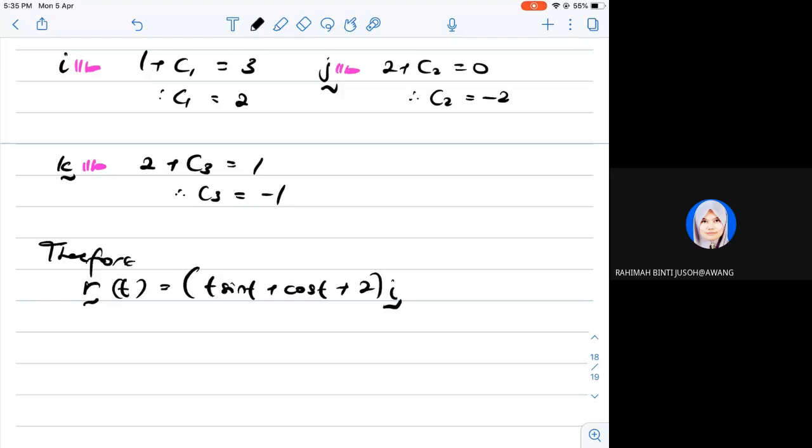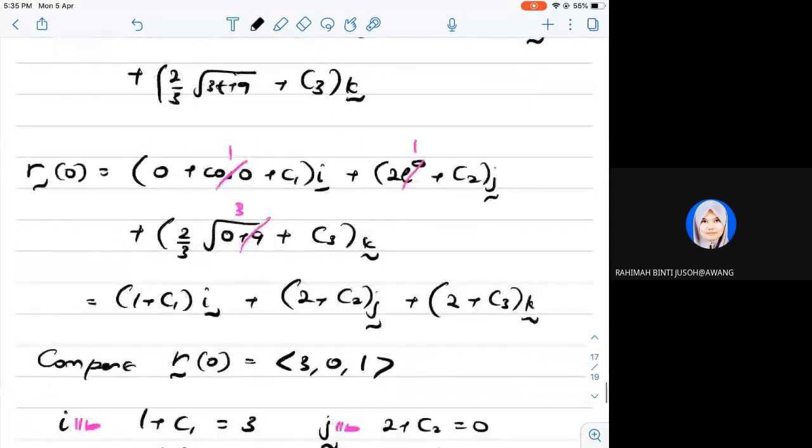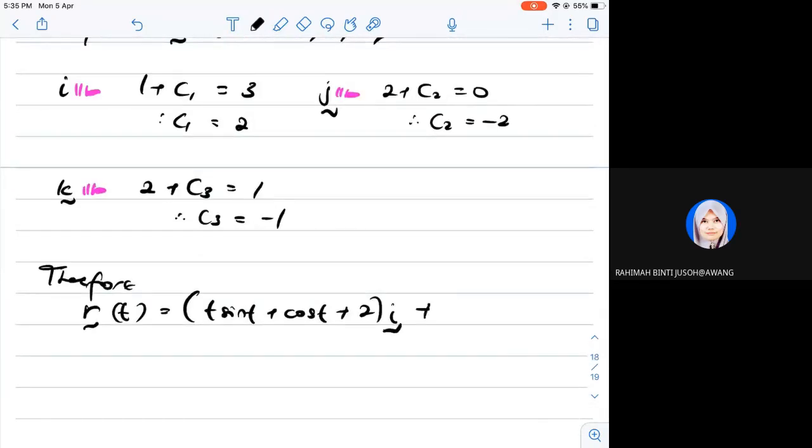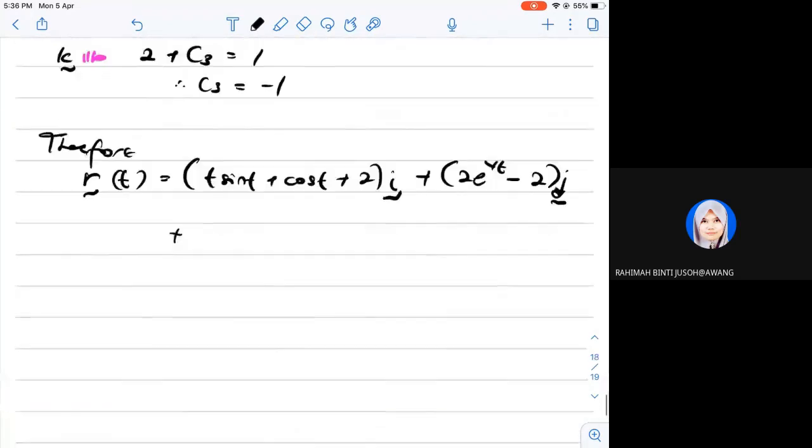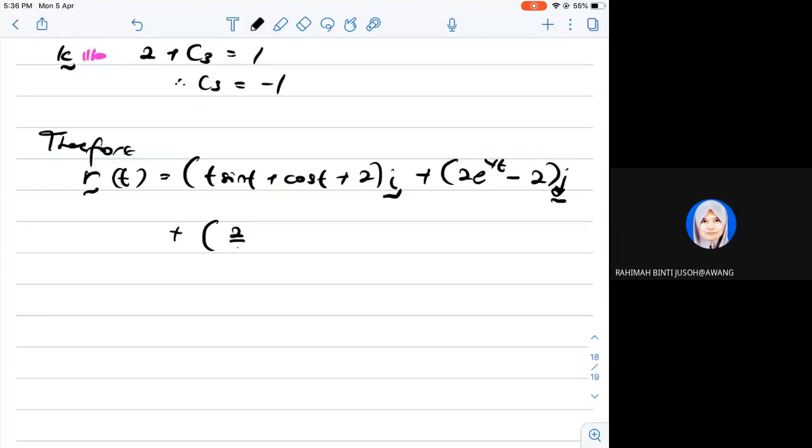And then for j we have 2 exponent 4t plus C2, which is negative 2, so j, plus 2/3 square root 3t plus 9 minus 1, because C3 equals to negative 1. Okay, right, that's it, that's the answer.